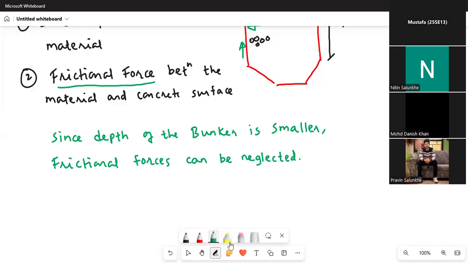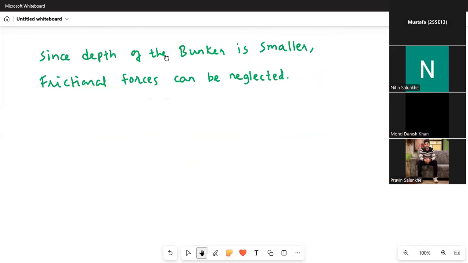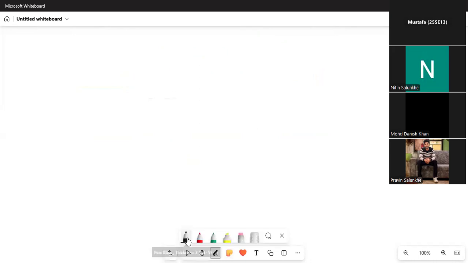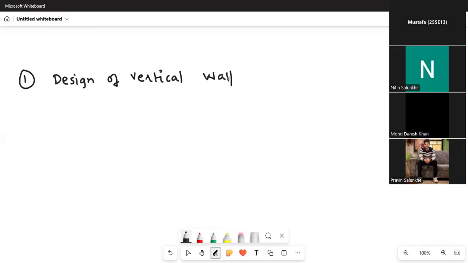Now we will talk about design of vertical wall. We came to know that the vertical wall in the bunkers is only subjected to lateral pressure.